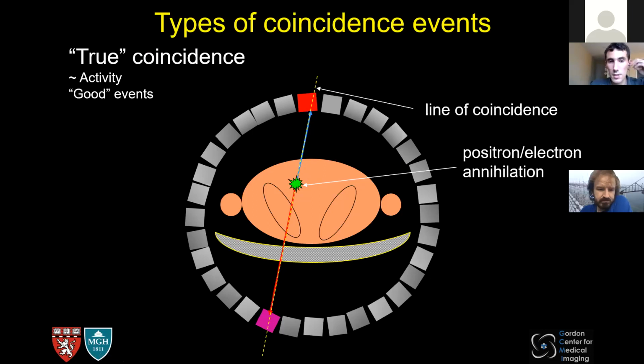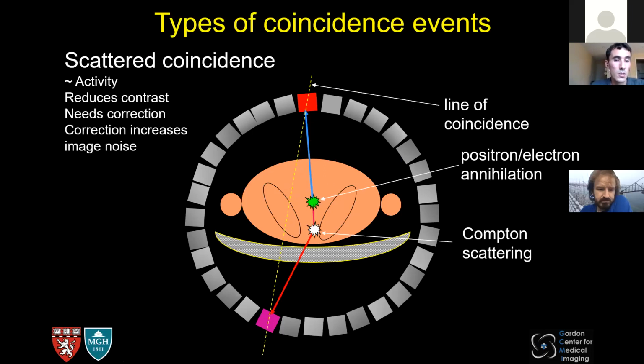Another type of coincidence that we've talked a bit about before is what we call a scattered coincidence. Here again, you have an annihilation that happens, two photons that are emitted, but then one or both photons interact with the patient and are scattered. So instead of detecting the line of response between those two detectors, due to scattering you're going to detect this line of response.